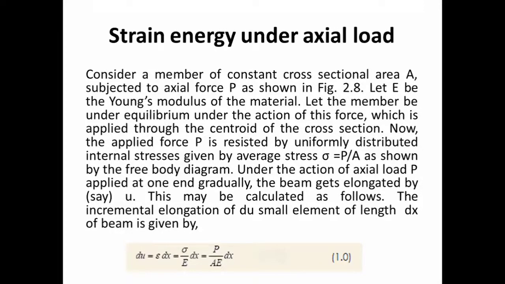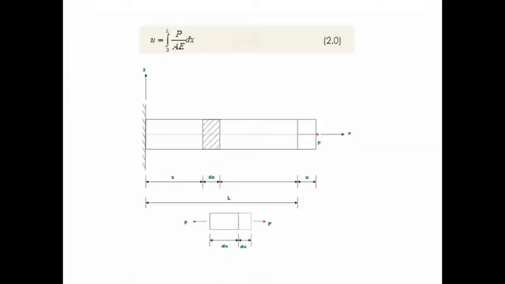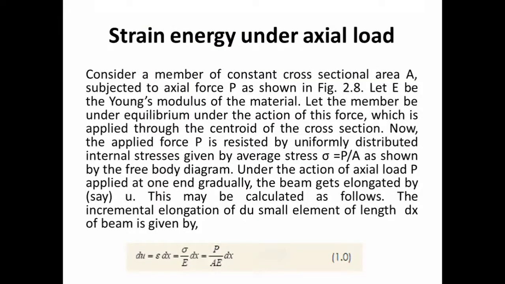But we want to calculate small u for small length dx. dx is the length that we have assumed here, if you see in the diagram. So for this particular hatched portion, how to calculate deformation or how to define strain?